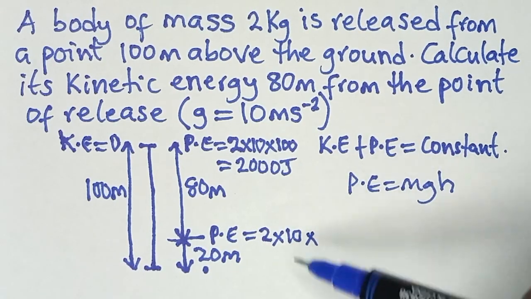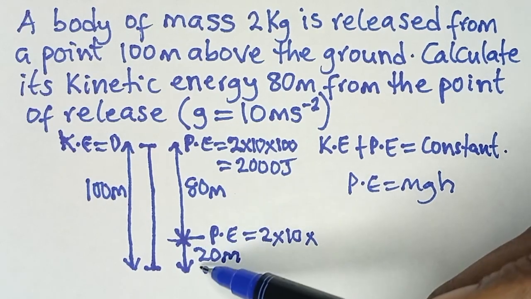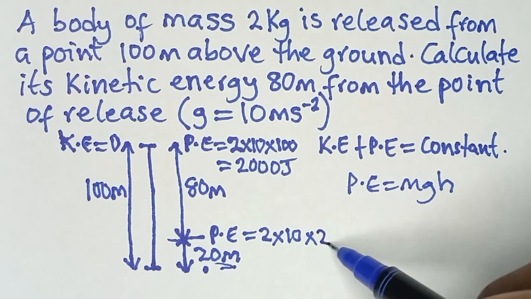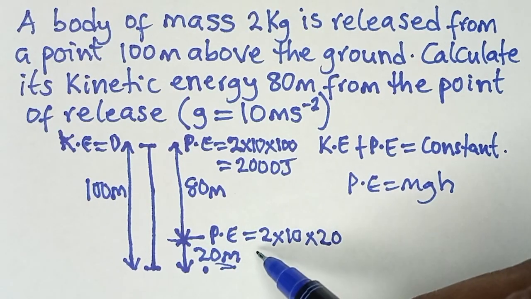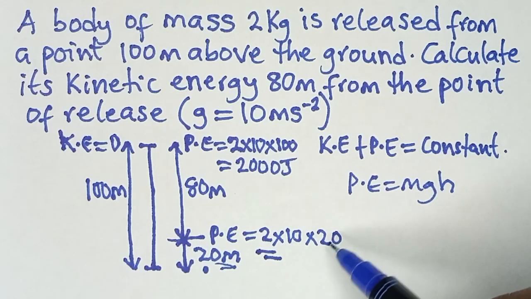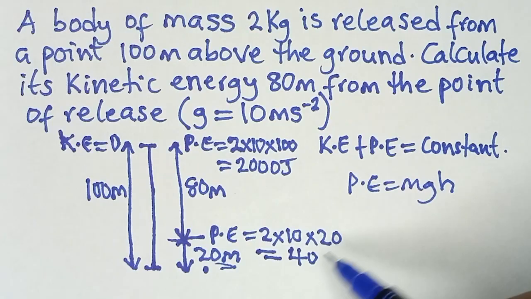Don't forget, h is always the height above the ground. So at this point, its height above the ground is only 20 meters. So times 20. So at this level, I'll say the potential energy is 400. That is 200 times 2, which is 400 joules.